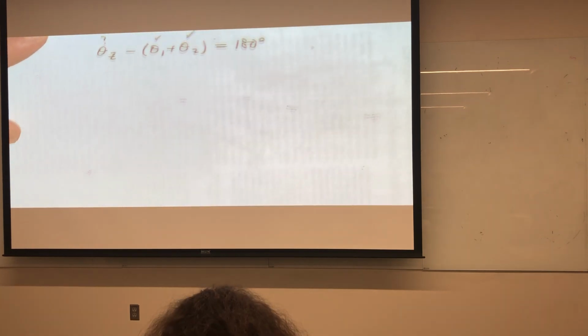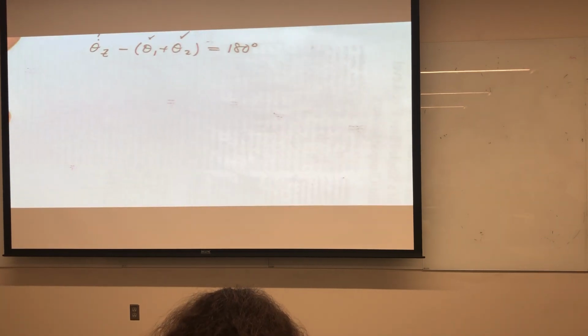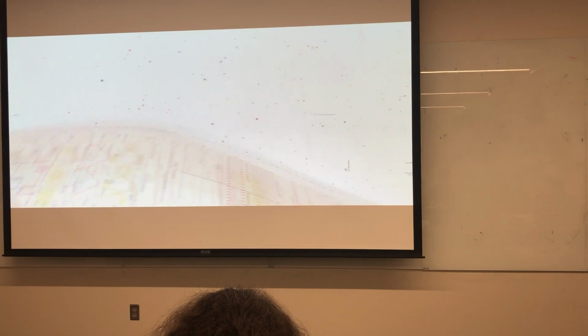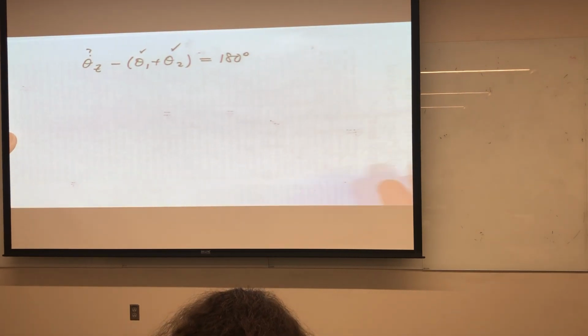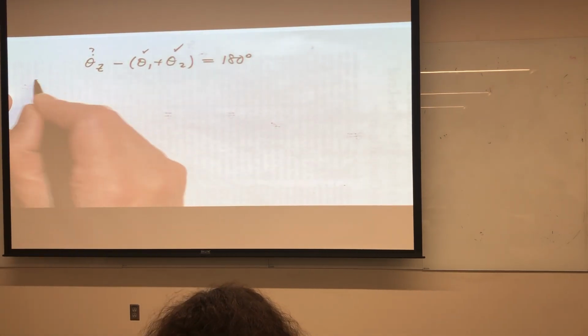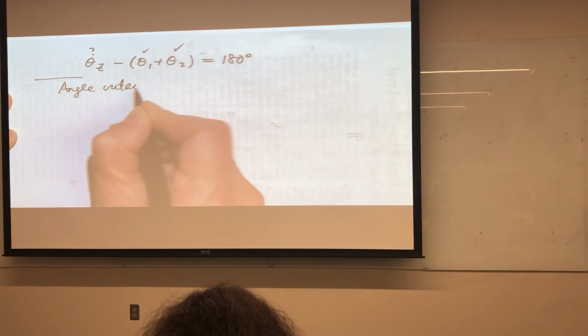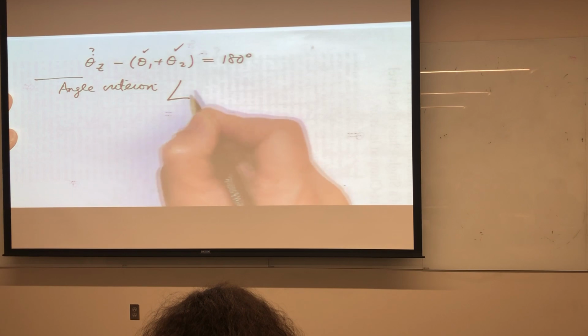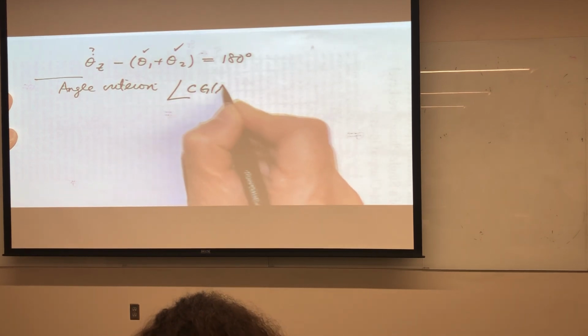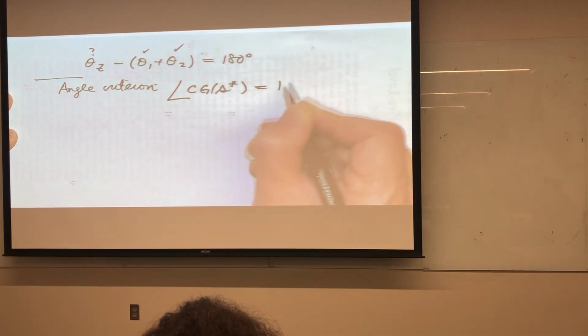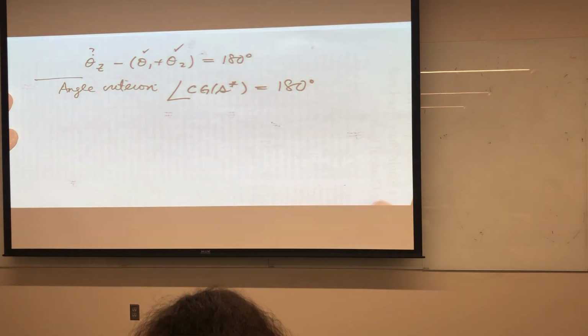Now, if we're doing it on the calculator, not by geometry, well, either way, you need your calculator. Angle criterion says the angle of C G of s evaluated at s star has to be equal to 180 degrees.